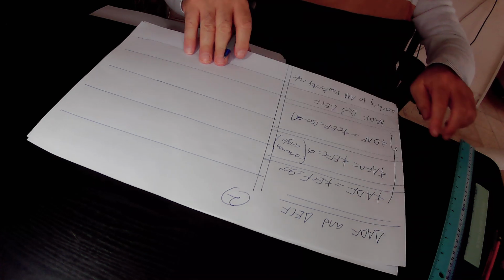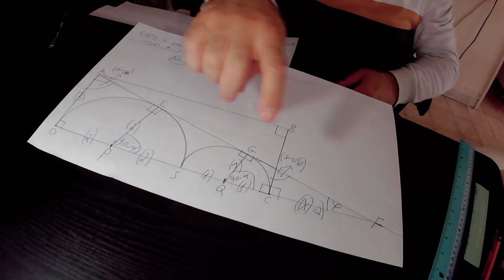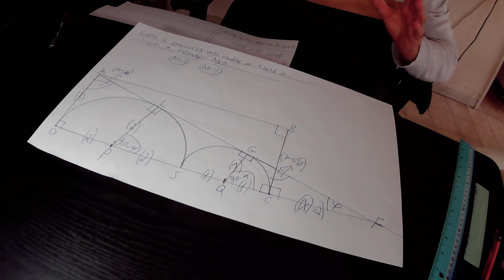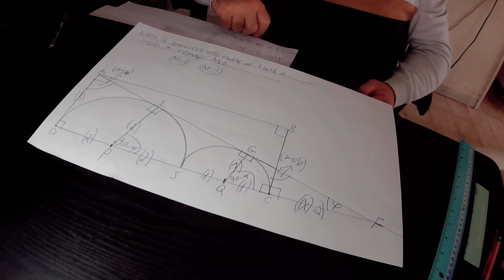And from the fact that this big right triangle ADF is similar to this small right triangle ECF, we will derive that the following relationship exists between their sides.